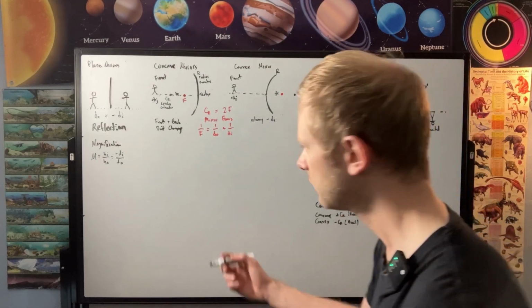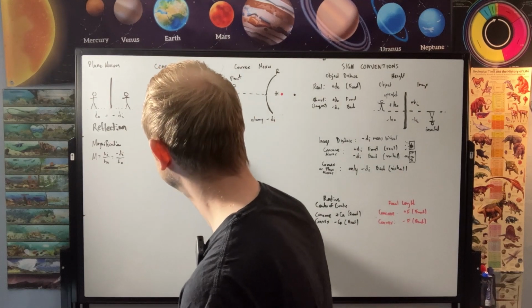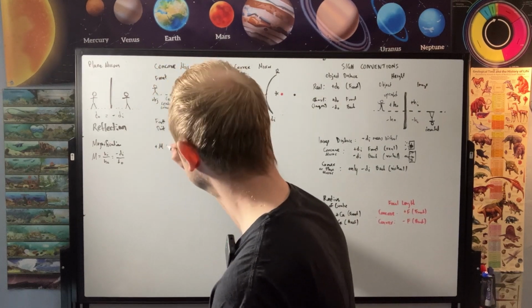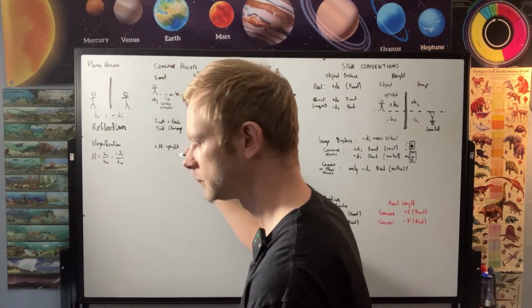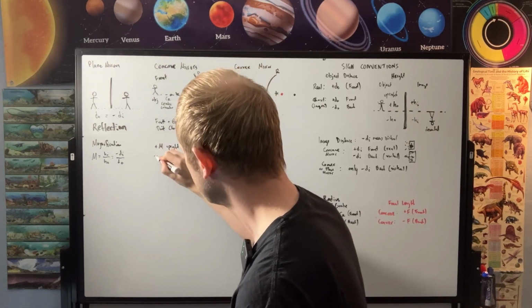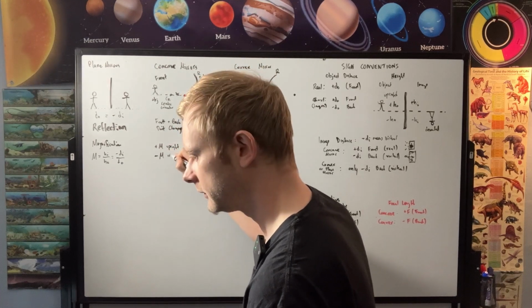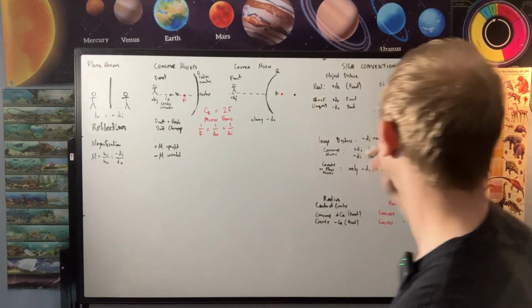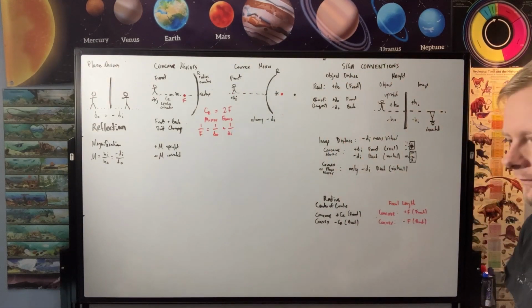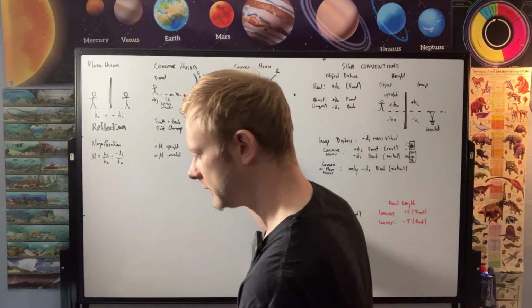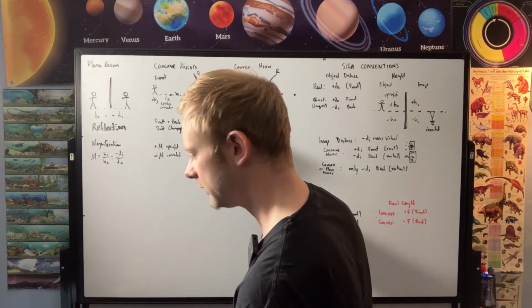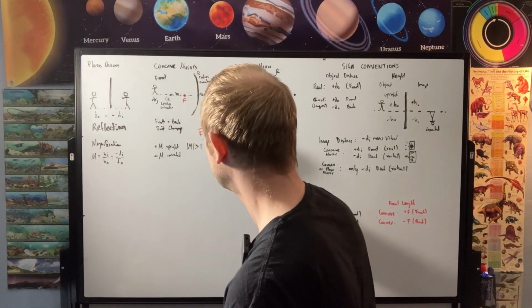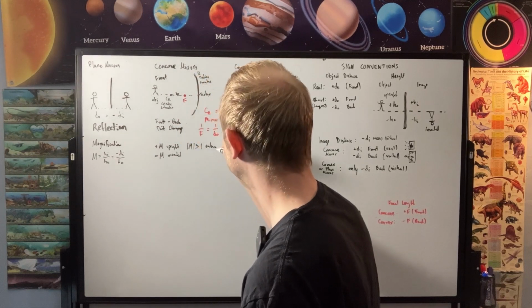Now I'm going to claim that if we have a plus M, then that's going to be an upright image. And if it's a minus M, then it's going to be an inverted image. So that would be referring to these things over here. And if we have an absolute value of M greater than 1, then this is going to be an enlarged image.